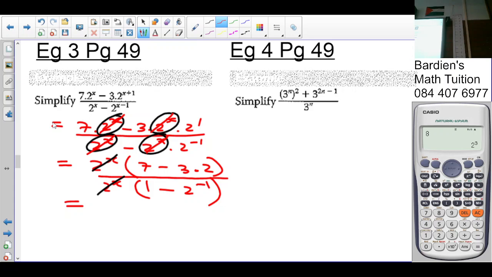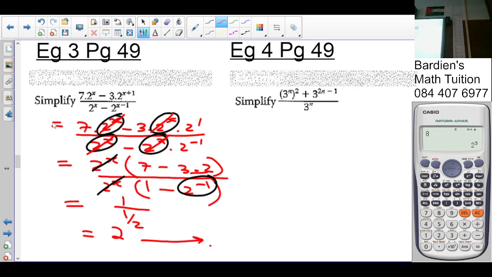So in the numerator, 3 times 2 is 6, 7 minus 6 is 1, over... What is 2 to the negative 1? A half. And 1 minus a half is a half. 1 divided by a half is 2. Okay. Is it wrong? Okay, now I feel better.